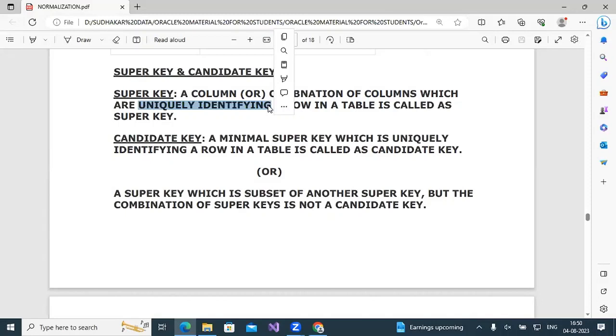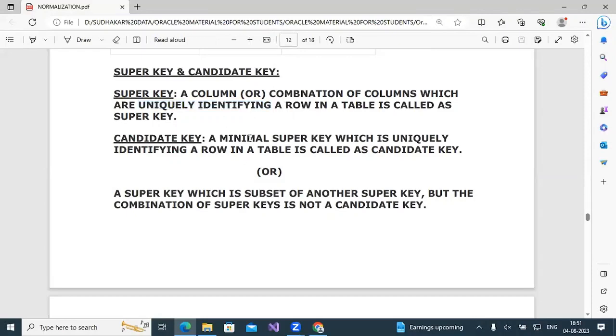If an individual column identifies each and every row with uniqueness, then that column is a super key. If any two columns together identify your row with uniqueness, then the combination of two columns is also called a super key. Understand? This is the definition of a super key.